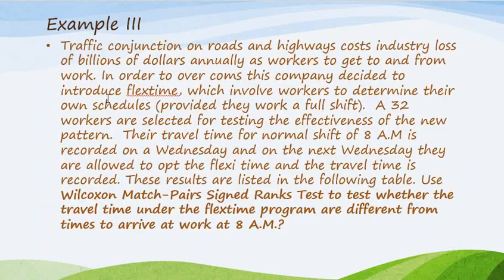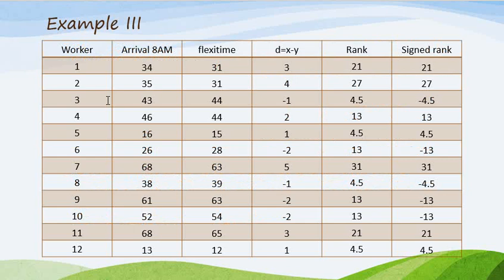The workers are given a fixed time to arrive. A factory has a fixed time of 8 a.m. to check in, and the employees complain that due to traffic conditions, traffic jams, etc., they cannot come on time. So the company considered giving flexi time to come to the office and work from that reported time for 8 hours.